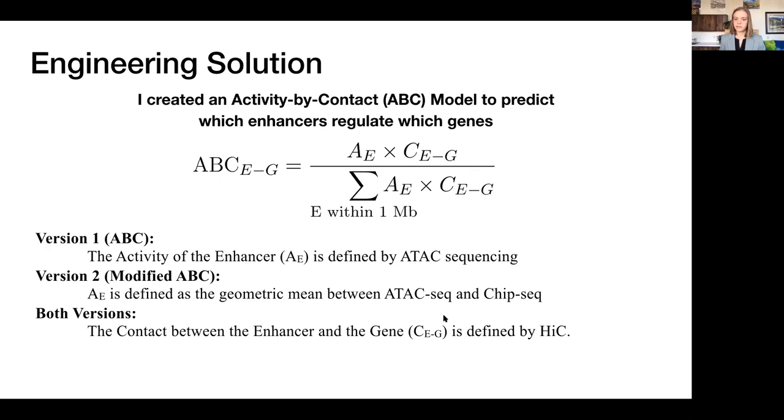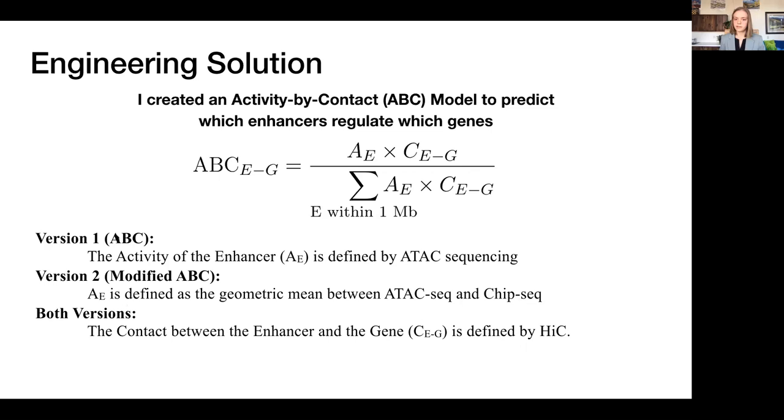In fact, the ABC model that they used only used the geometric mean between ATAC-seq and ChIP-seq. The exact reason why it's a geometric mean, I'm actually not sure. So something very interesting in the future would be to try more different versions of the ABC score, using maybe just a straight mean, or just using ChIP sequencing.